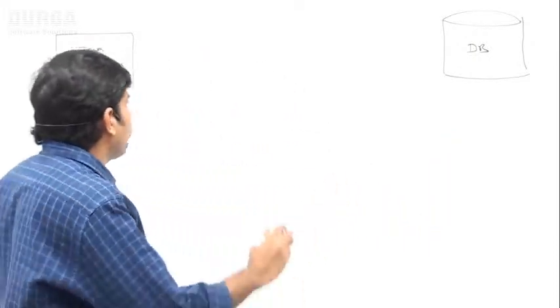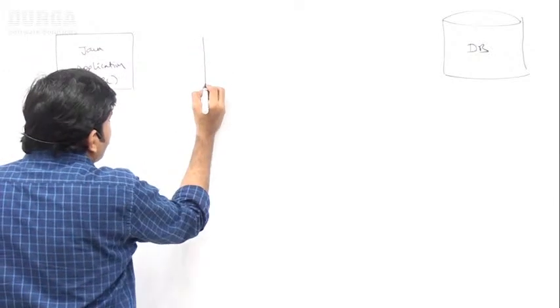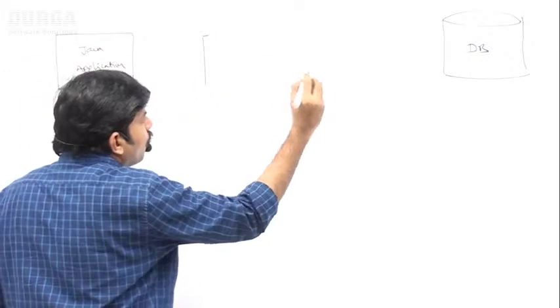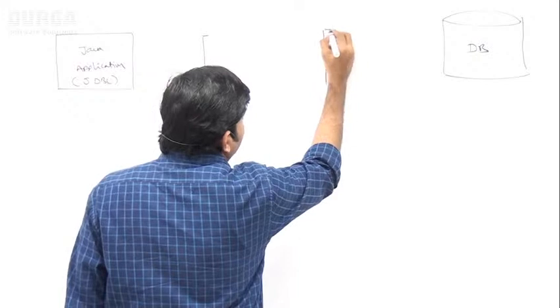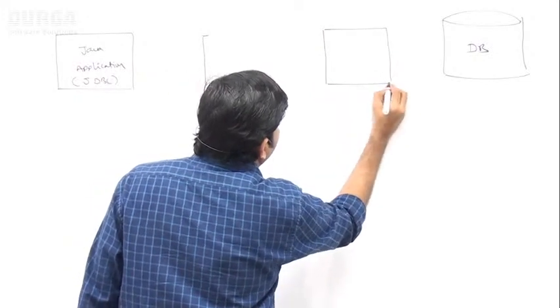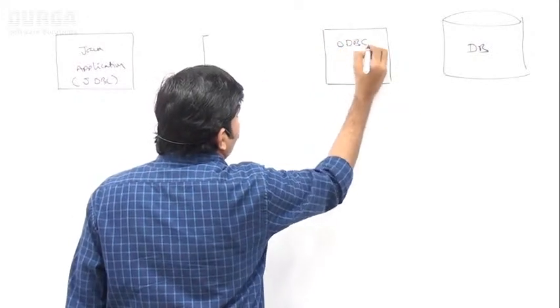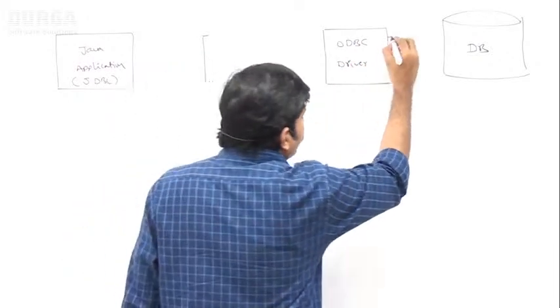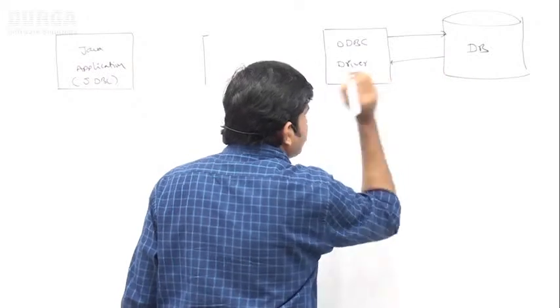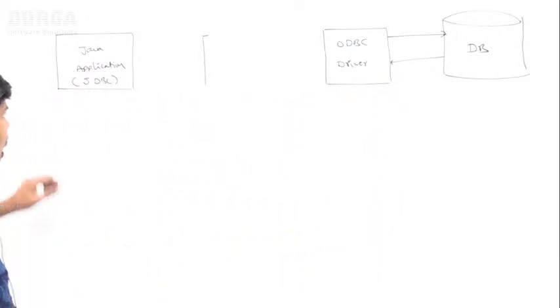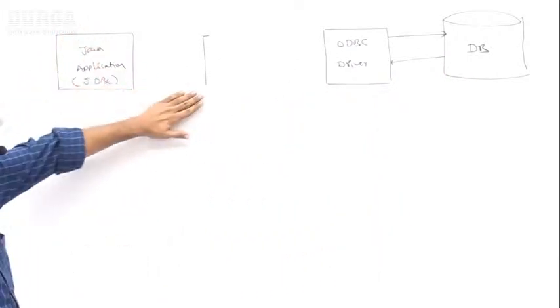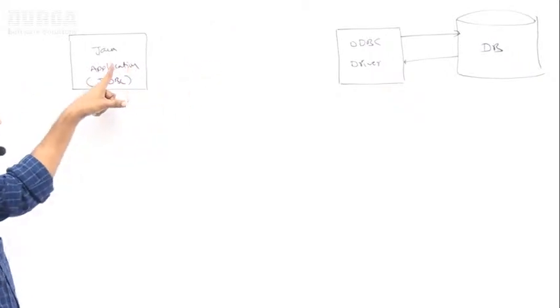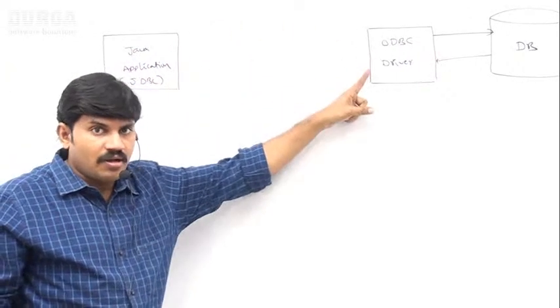How is it going to happen? Very simple. Let me cover here. An ODBC driver is there to communicate with the database. Remember this. But now my question is, from Java I want to convert into ODBC calls.